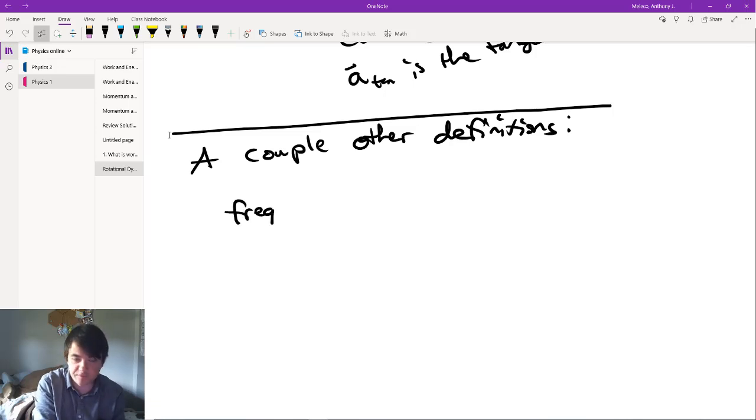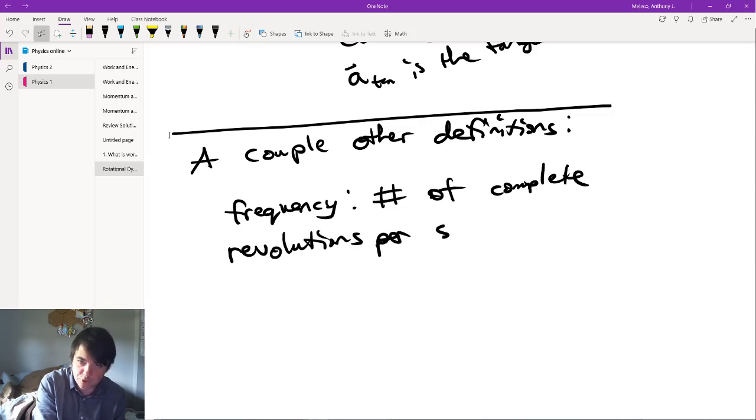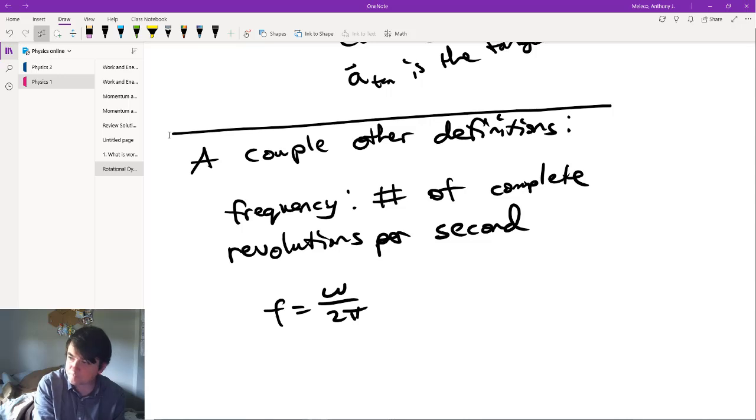There's frequency, which is the number of complete revolutions or rotations per second. So you get f equals omega over 2 pi, or you may see this as omega equals 2 pi f, just multiplying that over.